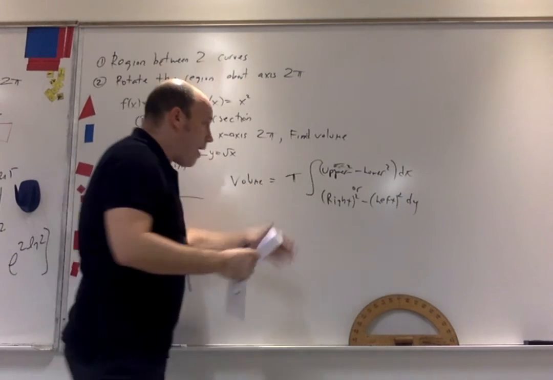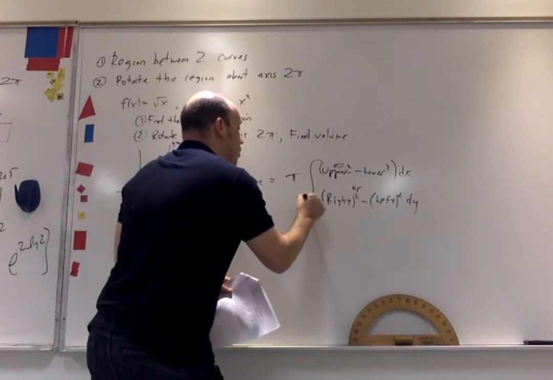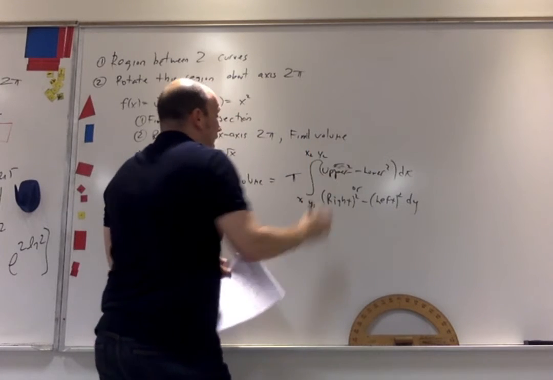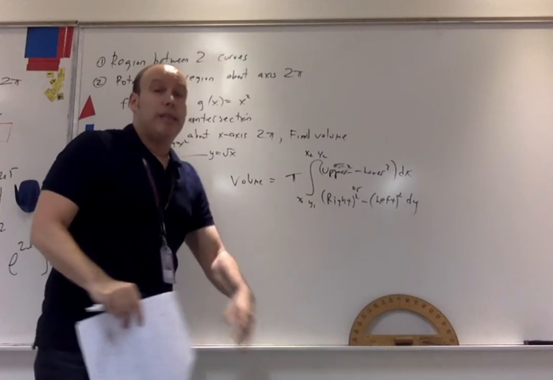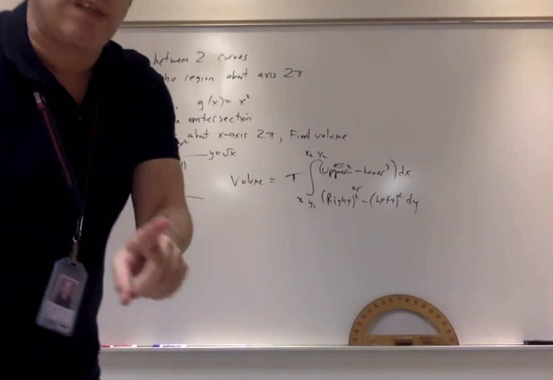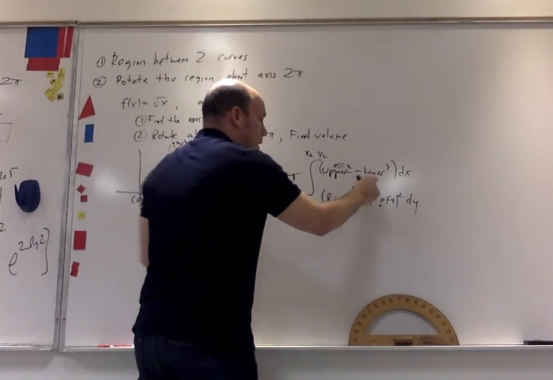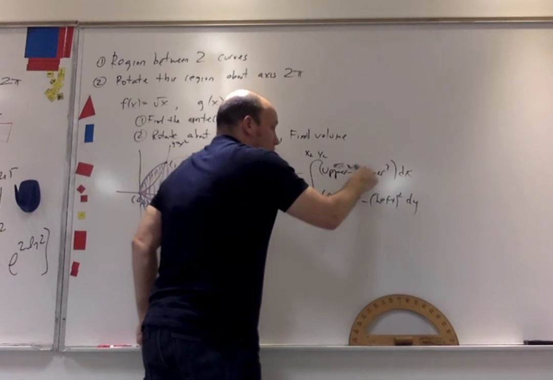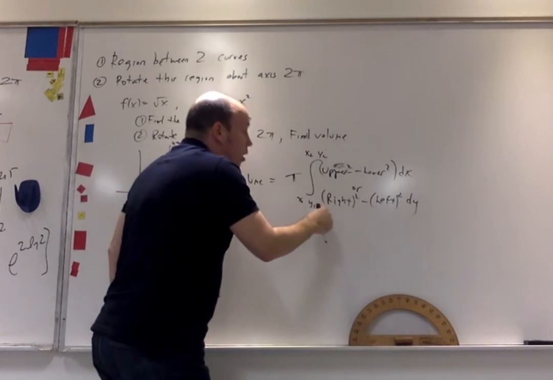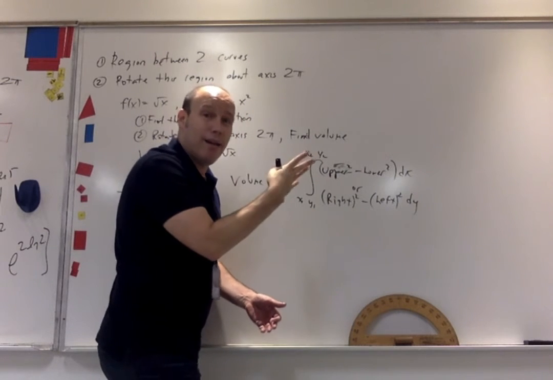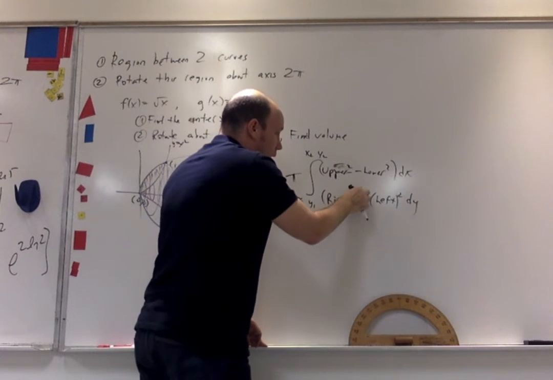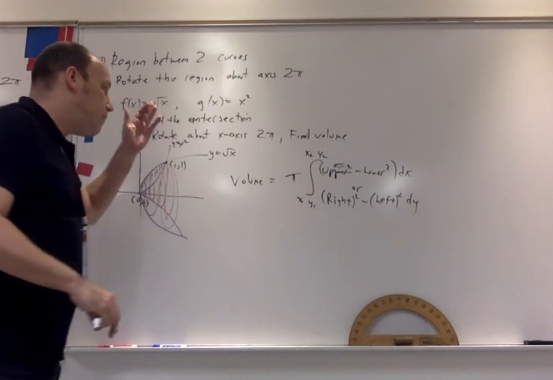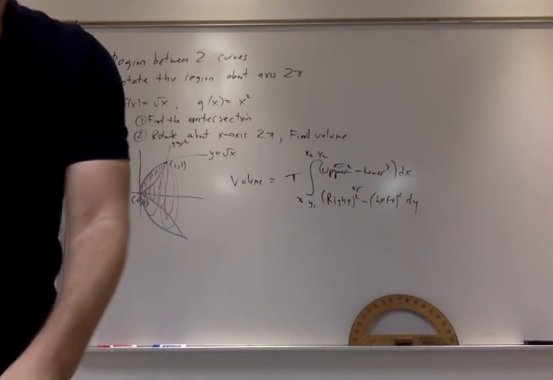The only difference is you're not squaring the difference. You're taking the upper curve squared minus the lower curve squared, or, if you're in the world of y, the right squared minus the left squared. They're probably not going to ask something like this.